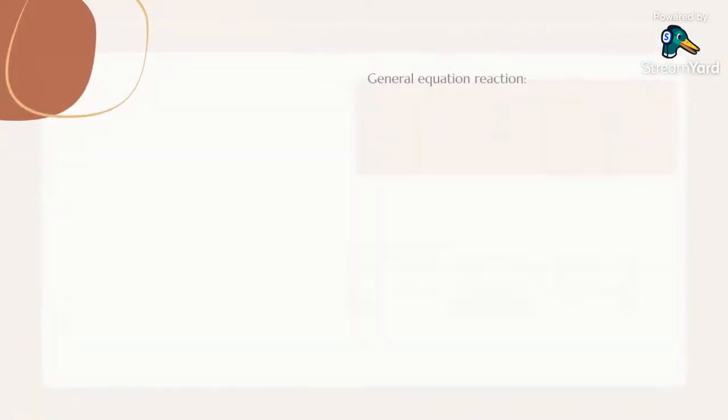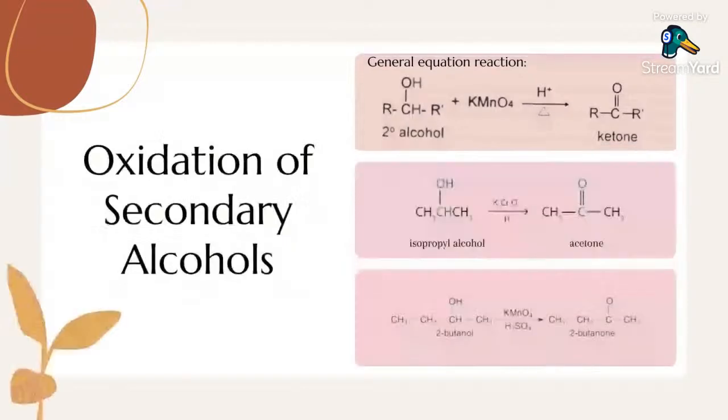Okey. Kita boleh tengok sekarang oxidation of secondary alcohol. Bagi generation A reaction dia pula R berkaitan dengan CHOH dan R prime iaitu secondary alcohol. Bertindak balas dengan KMNO4 dan H plus dipanaskan bagi menghasilkan keton.